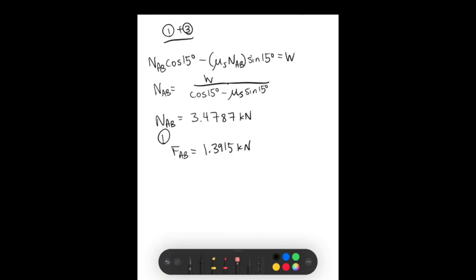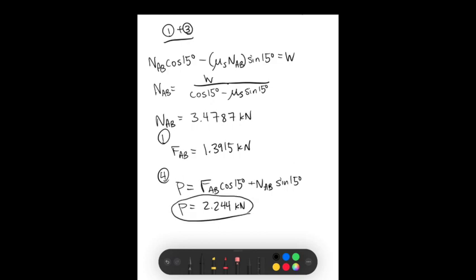And now since we're only wanting to solve for P, we can just skip straight to equation 4. And we see that we can directly solve for P. I see that P is 2.2 kilonewtons.